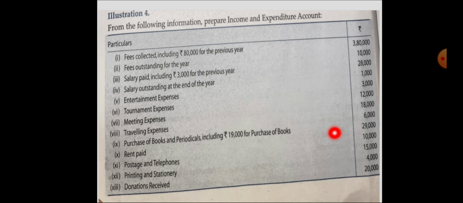From this 29,000 we will remove 19,000, that is of purchase of books or purchase of fixed asset. Only the revenue nature, the periodicals, will be recorded in the expenditure side. So only periodicals will be recorded and purchase of books, that is 19,000, will be deducted from this 29,000.